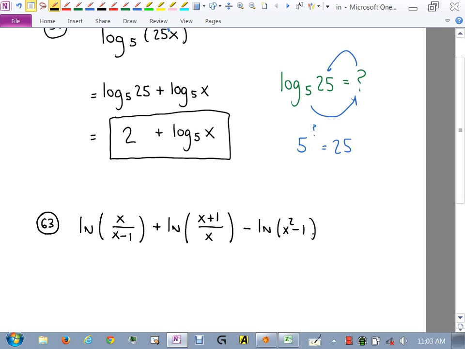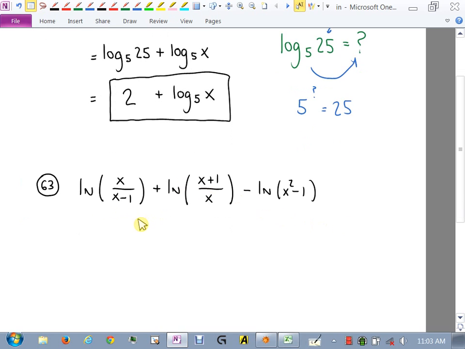All right, so the instructions here are to write this as a single log. We have 3 logs. We have addition between these two and subtraction between these two. We're going to do the addition first because we do it in order from left to right.